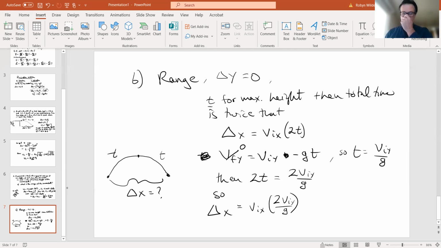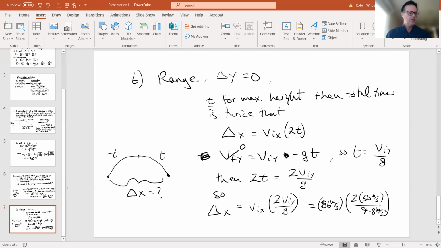And plugging in the numbers, right? My v_ix was 86, my v_iy was 50, g is 9.8. I think you get a distance of about 2,000. I didn't write this down, so let's plug the numbers in. I get 86 meters per second times 2 times 50 for the y component of velocity, over 9.8 meters per second squared.